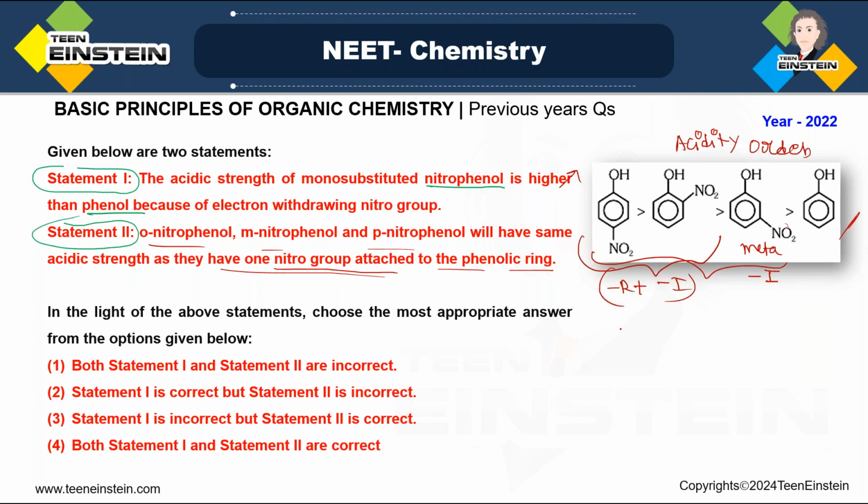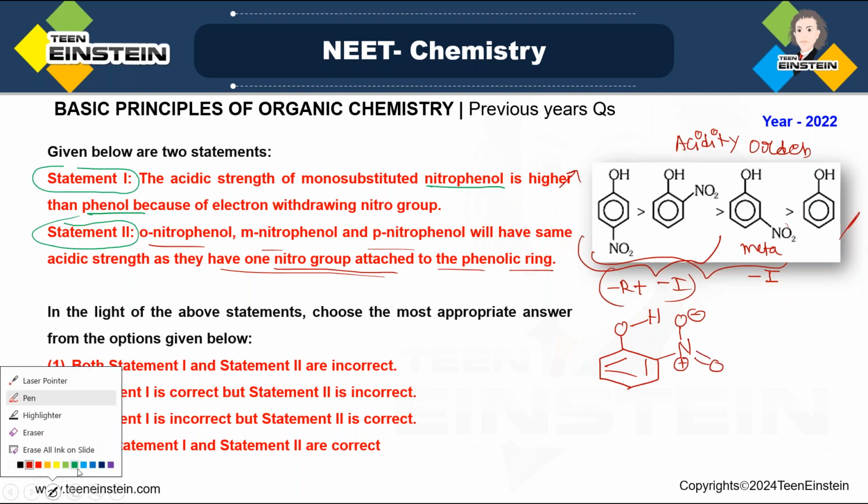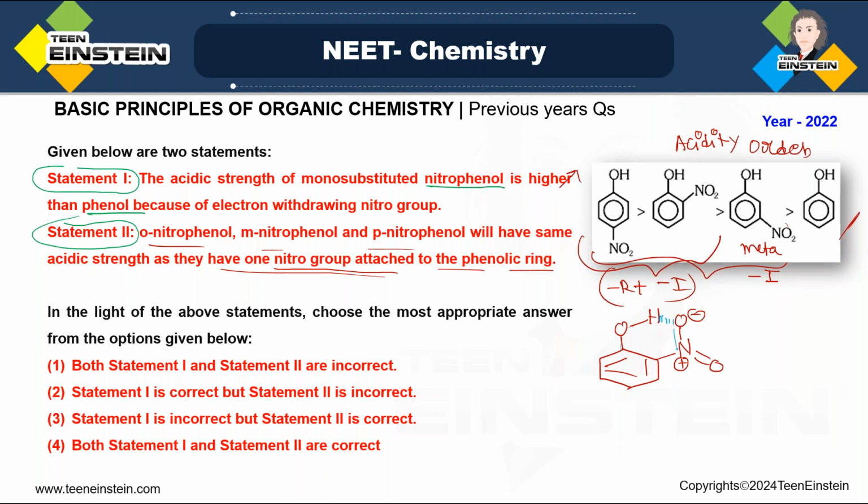So the next question is, why is para more acidic? Now the reason: in case of ortho, I am writing the NO2 group in this way so that you can understand the hydrogen bonding that is actually present between this H and O minus. So this type of six-membered ring formation is there because of this hydrogen bonding. Now it becomes very stable.